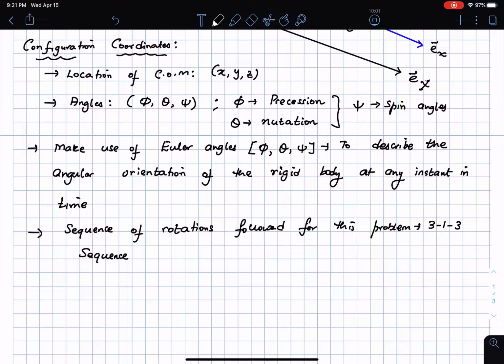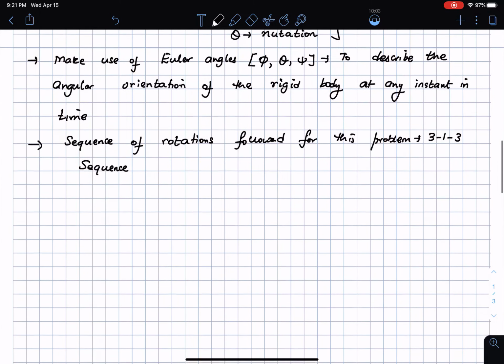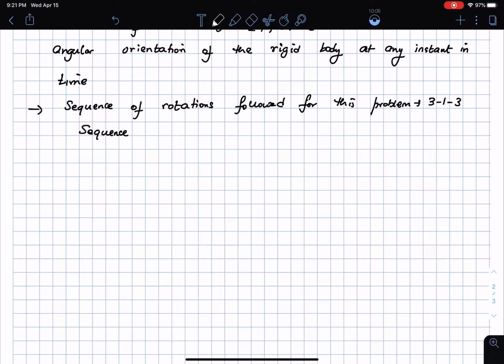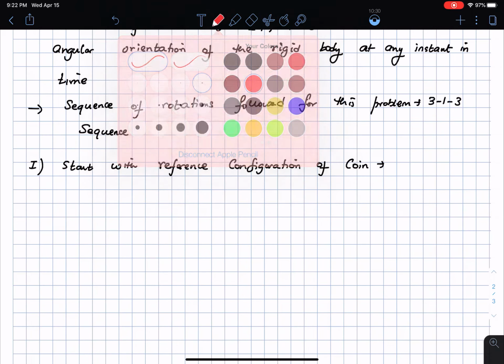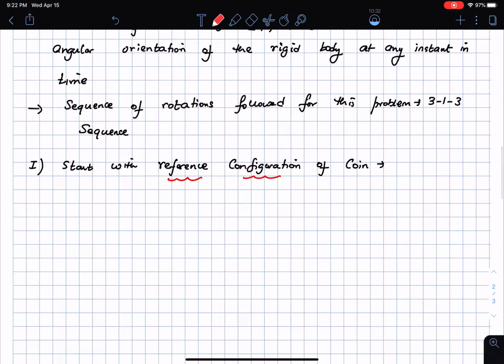Here is how the 3-1-3 sequence is performed. We start off with what is called the reference configuration of the coin. We had mentioned this in the previous lecture.